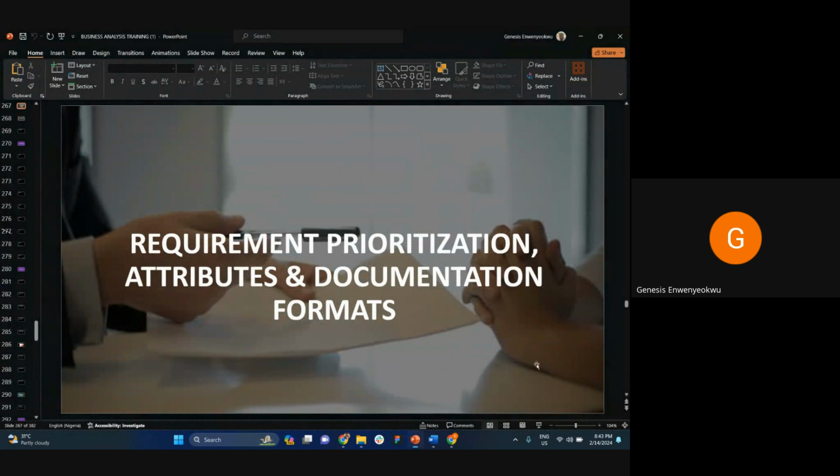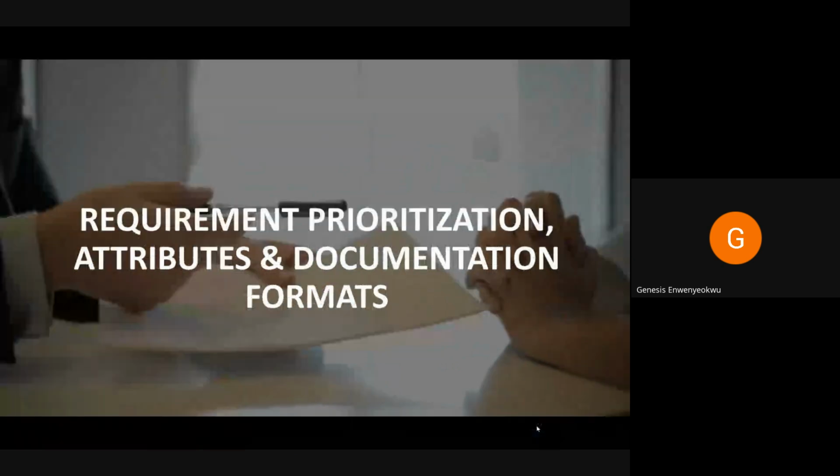I know I've spent a lot of time talking about BRD, which is business requirement documents, and FRD, which is functional requirements document. Mind you, some people call it BRS, business requirement specification, and some call it FRS, functional requirement specification.